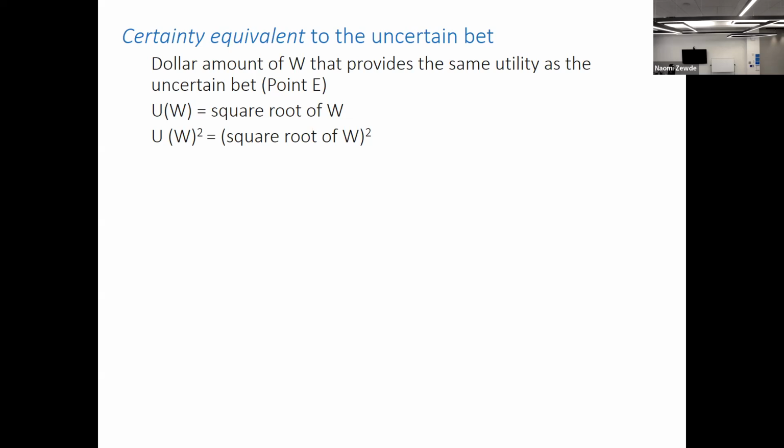We know that these dollars with uncertainty give you this lower utility, but that same level of utility would imply some amount of certain dollars, which is how we get to point E. If the utility of W is equal to the square root of W, we can plug 88.69 back in: 88.69 equals the square root of W. Now we just square both sides, and we can figure out how many certain dollars it's equivalent to. So 7,865.92.